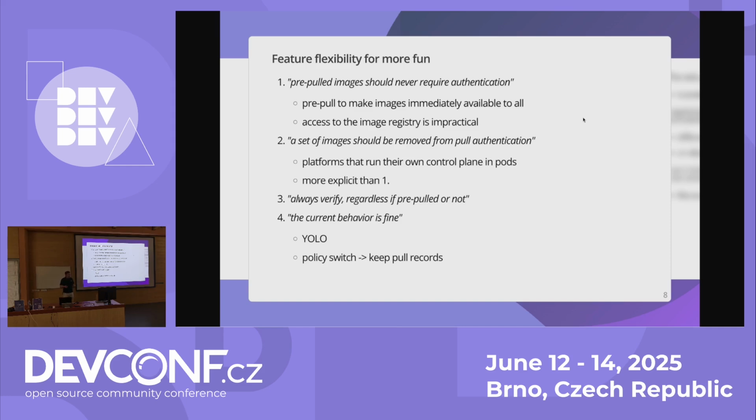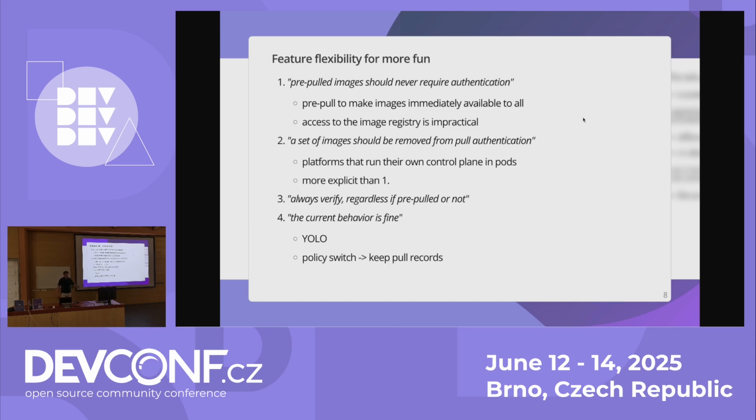Or you may think, it's all right, just always verify. And in that case, you wouldn't care about unattributed images because you would just go through the whole process again. And then, of course, you can go YOLO and say, the current behavior is fine. I'm good with that. Let's just keep that. But I don't think many people will like that.